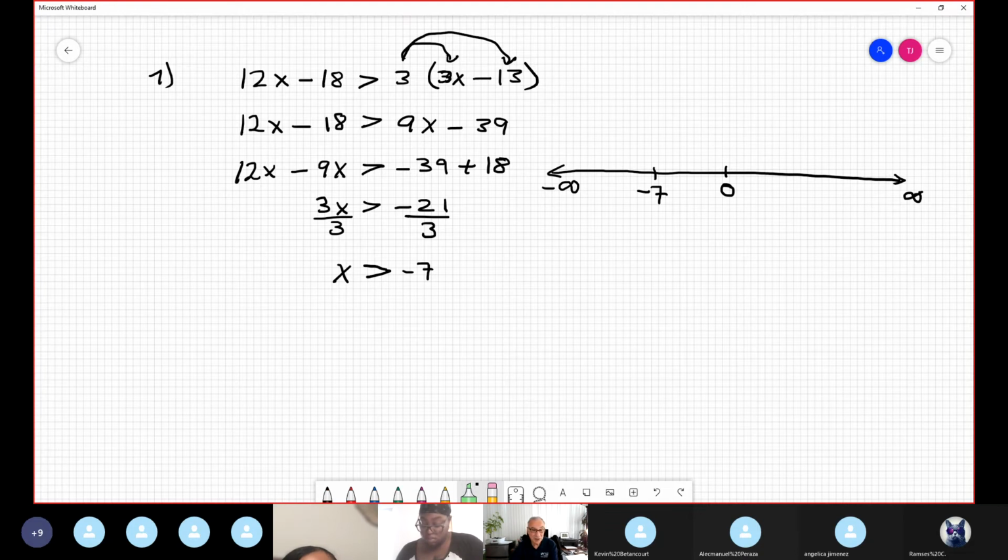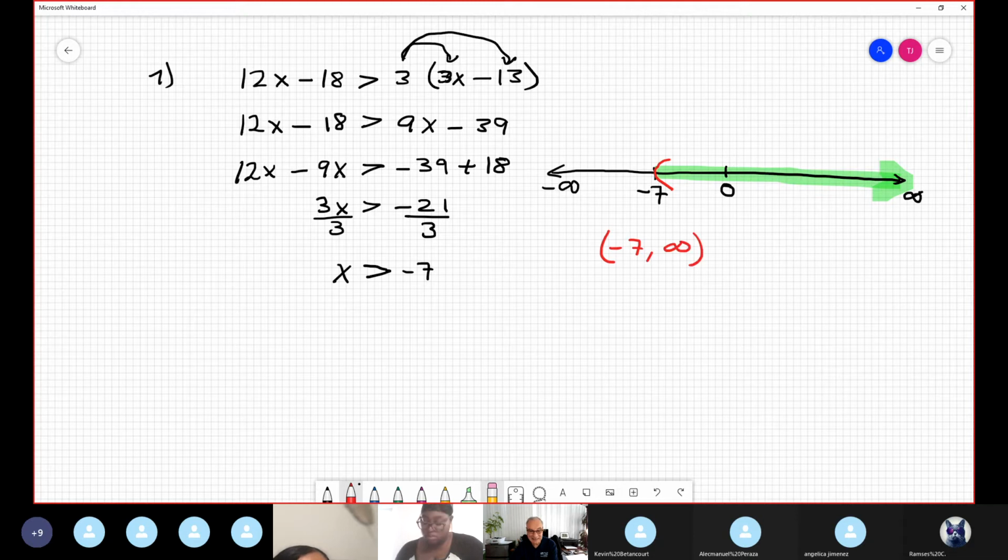Now, this solution is greater than, and greater than indicates to the right, continuing forever in that direction, and it includes negative 7. Remember, again: parentheses do not include, square brackets do include. So the answer in interval notation is parentheses negative 7, comma, infinity.